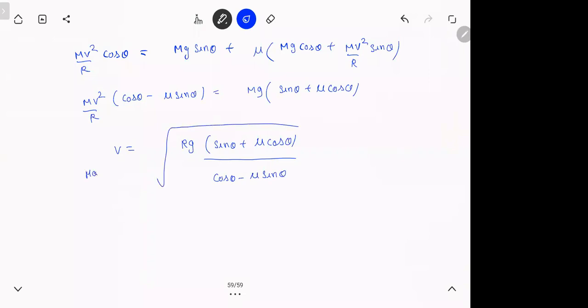This is your maximum speed. You can take the cos theta common. You get tan theta, and this is 1 minus mu tan theta. This is the maximum speed.